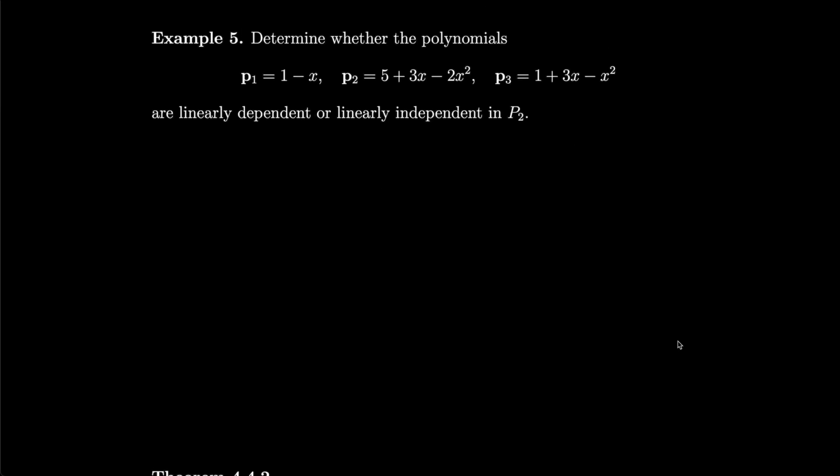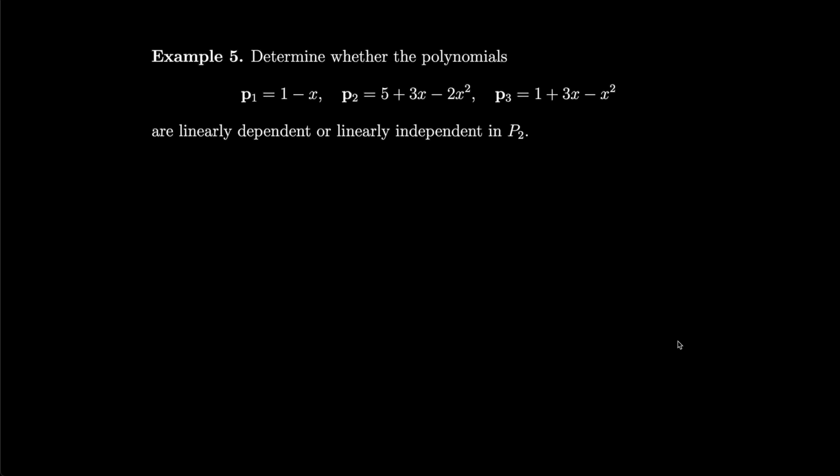How about we now determine whether the polynomials P1, P2, and P3 given are linearly dependent or linearly independent in P2? Well, we'll write our equation. k1 P1 plus k2 P2 plus k3 P3 equals the 0 vector.